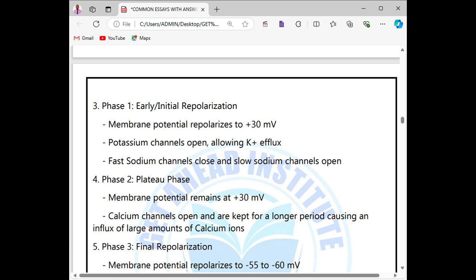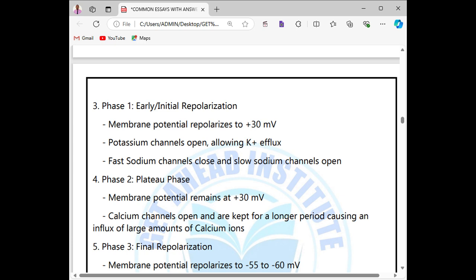And then what happens? This repolarization is a result of the potassium channels, which will open and allow potassium efflux. Then those fast sodium channels, remember we said in the depolarization that there was the opening of the rapid sodium channels.